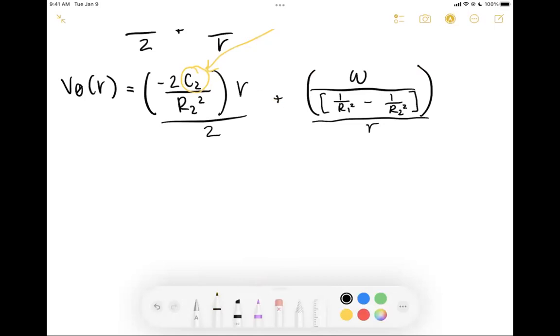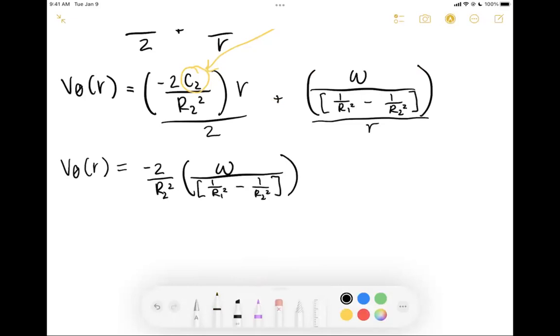Then we get V theta equal to 2 over R2 squared multiplied by this again, multiplied by R. I'm going to write that R over here to make it easier. Plus the same thing over here, and again I'm going to write this a little easier to read.